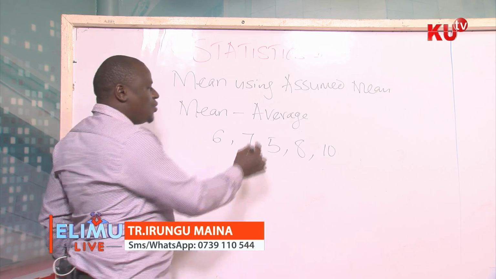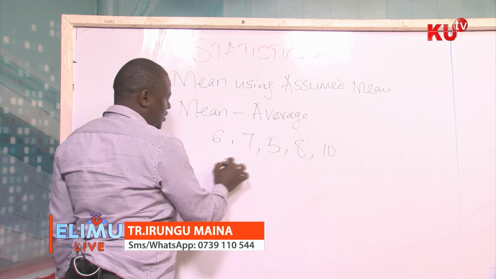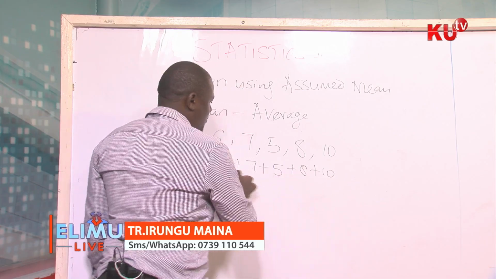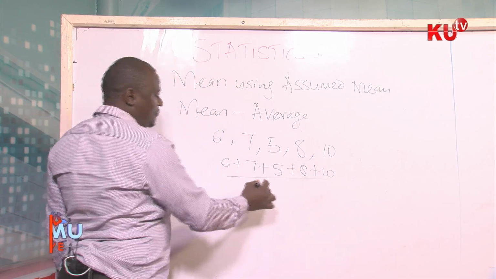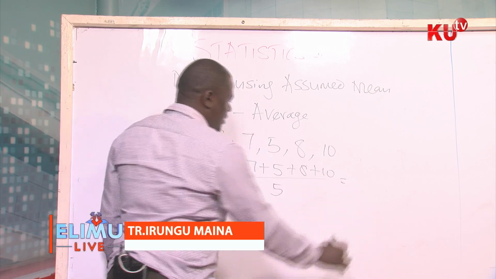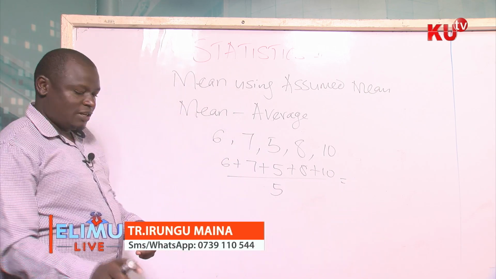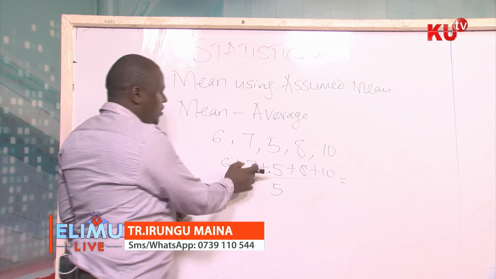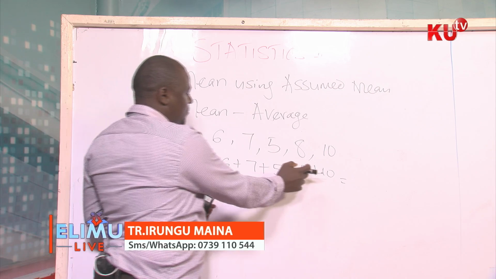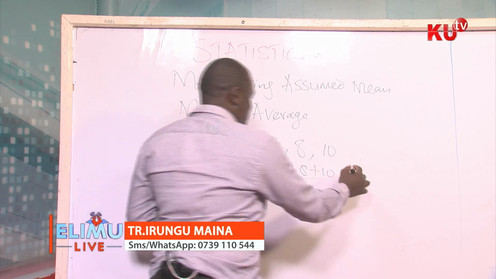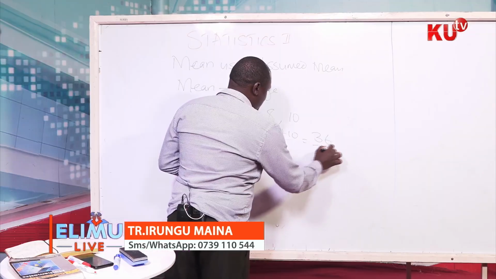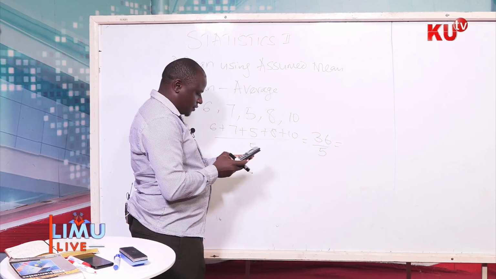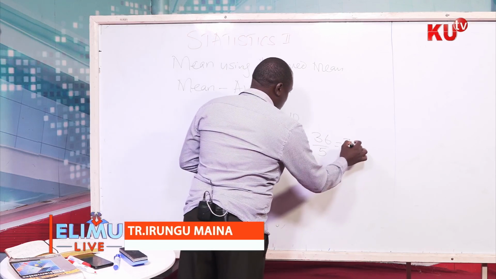How do we get mean? We shall add them, 6 plus 7 plus 5 plus 8 plus 10. Then we divide that by the entry. We have 5 entries or 5 students. In that case, if you add using your calculator, possibly very fast, you'd end up with 13 plus 5, that is 18, plus 8, that is 26, 36, divided by 5, and you'll end up with 36 over 5, that is 7.2.